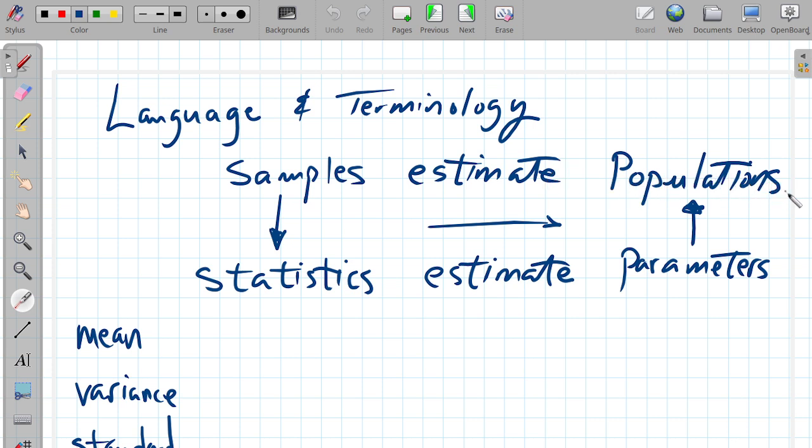This is how you can talk to 3,000 people across the country and extrapolate from there conclusions that are very accurate about the characteristics that you're interested in that are found throughout the entire population. Again, language and terminology, we would have to have a representative sample. Not easy to get.